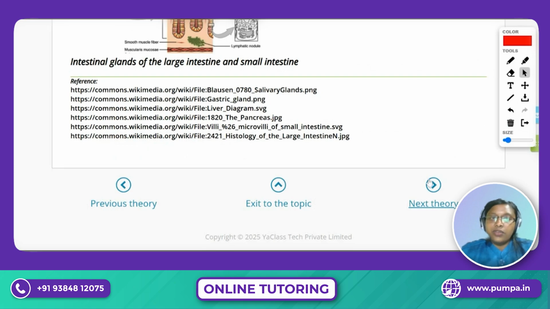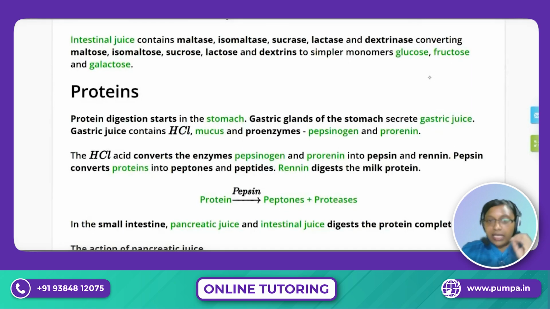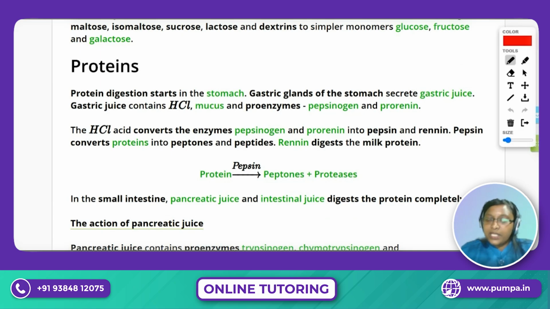Okay, children. So first, the protein digesting enzymes which are secreted in the stomach will be two. One is pepsinogen. Is it the inactive form? Yes, it is the inactive form because we are saying pepsinogen, the gn term is added.